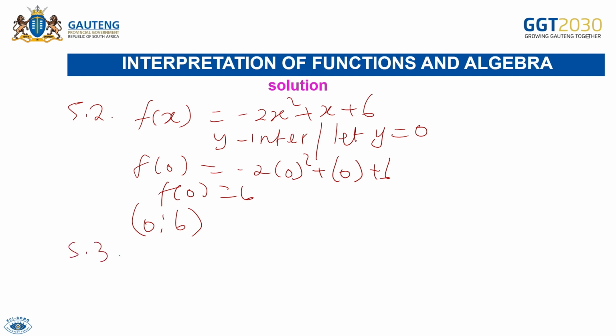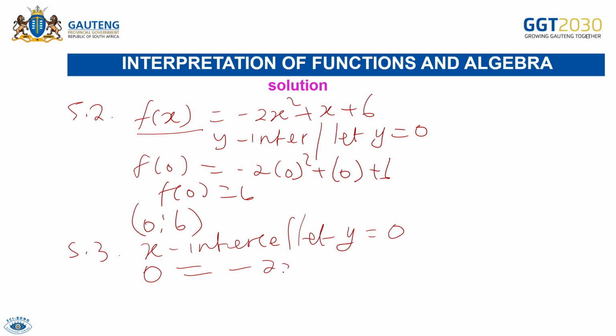5.3 is saying you must determine the x-intercepts. So how do you find them? You must let y be 0. Where there is y, you substitute 0 in your equation. Then 0 equals negative 2x squared plus x plus 6. From there, you use your quadratic formula, or you can just factorize.